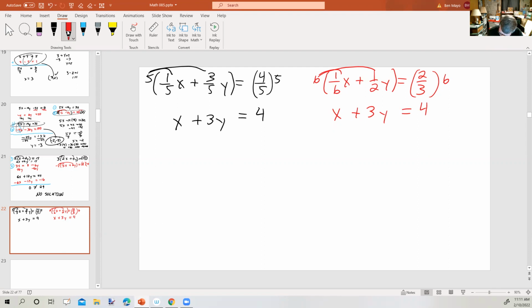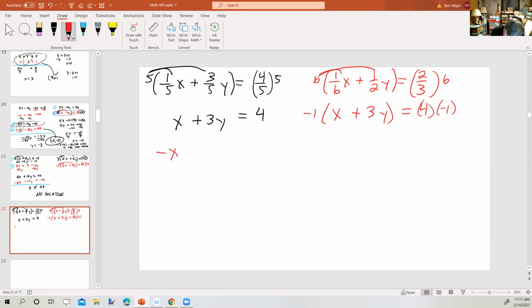So if I want to, let's put this equation here. What would I have to do so that when I add them, the x's would cancel? I'd have to have the coefficient of x on top, a 1, and the coefficient of x on the bottom, a -1. So let's go back here, and let's multiply both sides by -1.